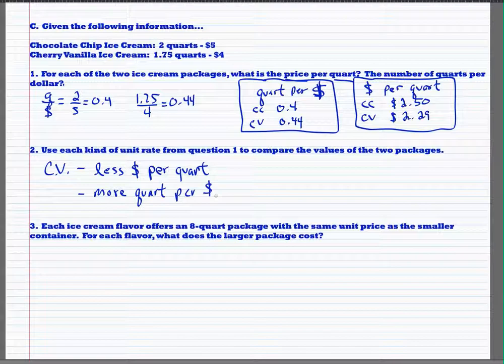Okay, last one. It says each ice cream flavor offers an 8-quart package with the same unit price as the smaller container. For each flavor, what does the larger package cost?